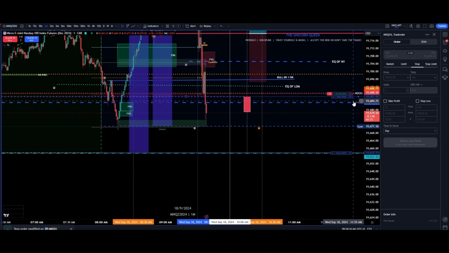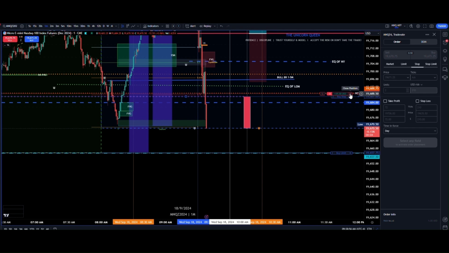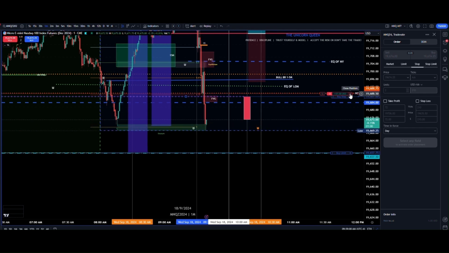We have come to the end of the other side of the market maker buy model. So now the market maker sell model is complete, and it's no guarantee that we will continue down at this time. Price can do whatever it wants when it wants. So although your analysis may be spot on, you could definitely be wrong.